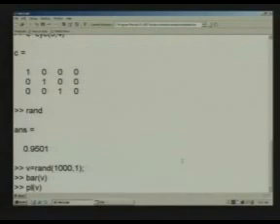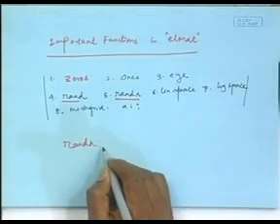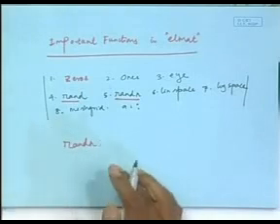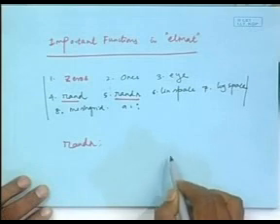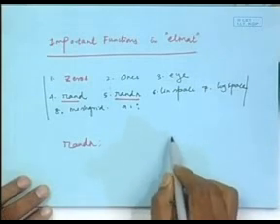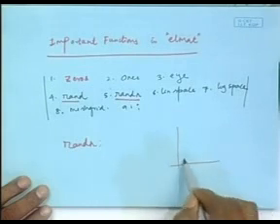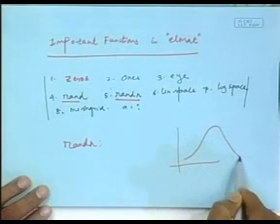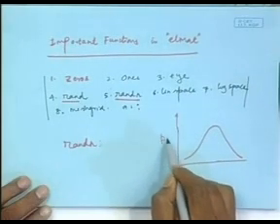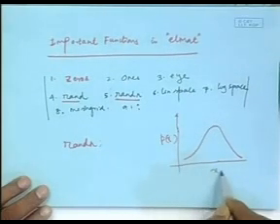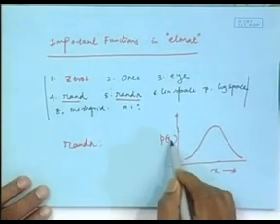Let me do plot(v), that will be better. When I say normally distributed random number, whatever random number comes out has a normal distribution. How does the normal distribution look? That means the probability distribution is generally bell shaped like this. If you plot the probability of that particular number x, what is the probability that the number will occur?